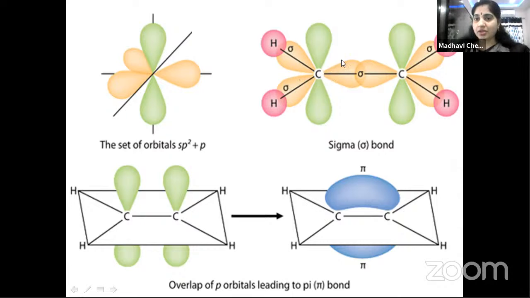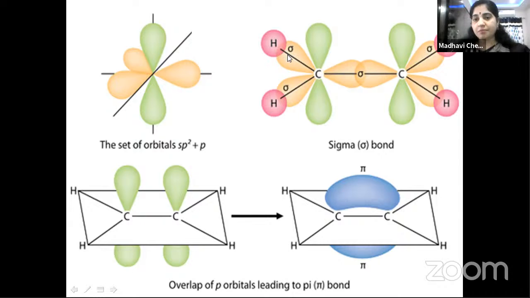Because one sp2 hybrid orbital is already involved in the CC sigma bond formation. These 2 sp2 hybrid orbitals on each carbon overlap with the s orbital of hydrogen and form the CH sigma bond.